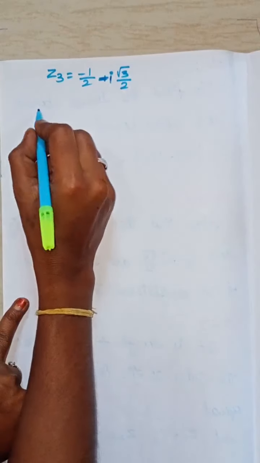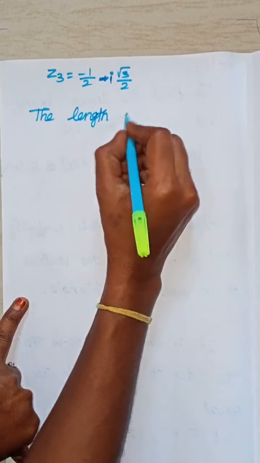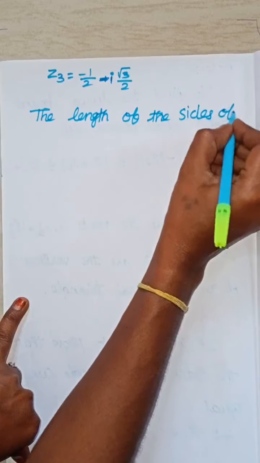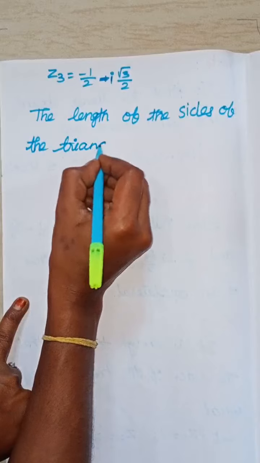So now find the length of the sides of the triangle.